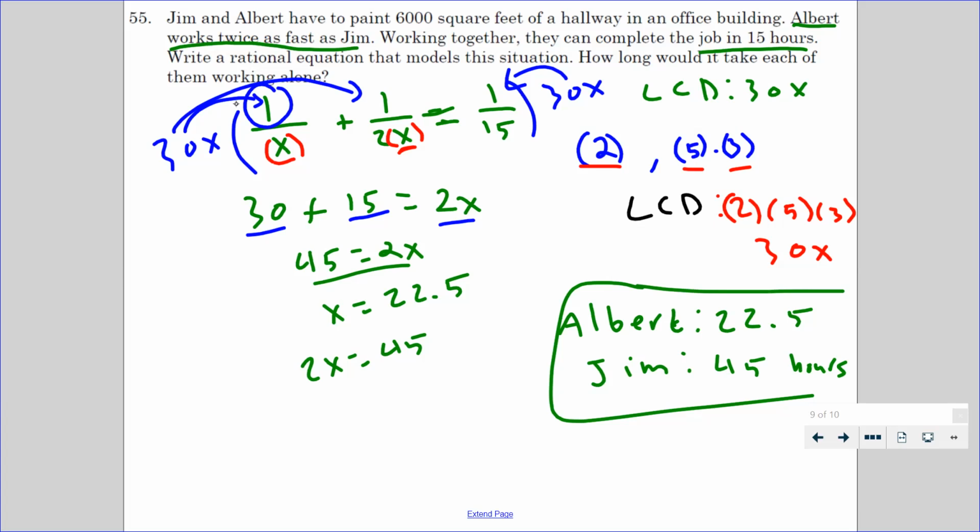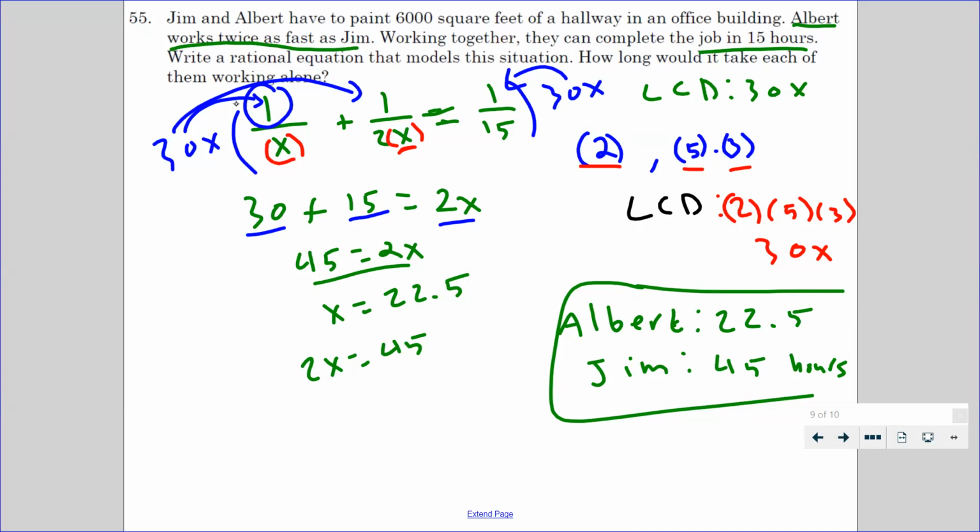If I wanted to, I could say 1 unit of work is painting 1 square foot or 20 square feet, but that would make no point. So that 6,000 relates with that 1. It depends on what your unit of work is. Since everyone's painting 6,000 square feet of hallway, we're just saying 1 unit of work, which that term makes no sense to me, but we're going to roll with it, is painting 6,000 square feet of a hallway because they're all doing the same thing.